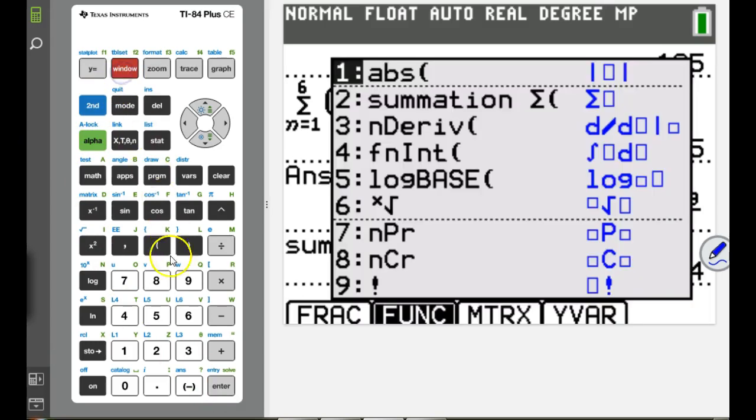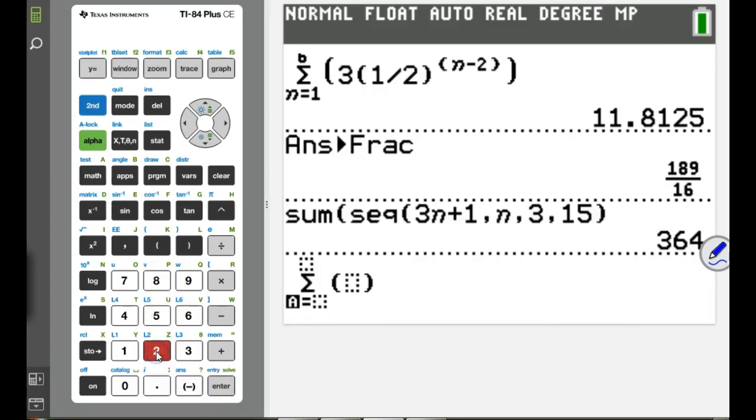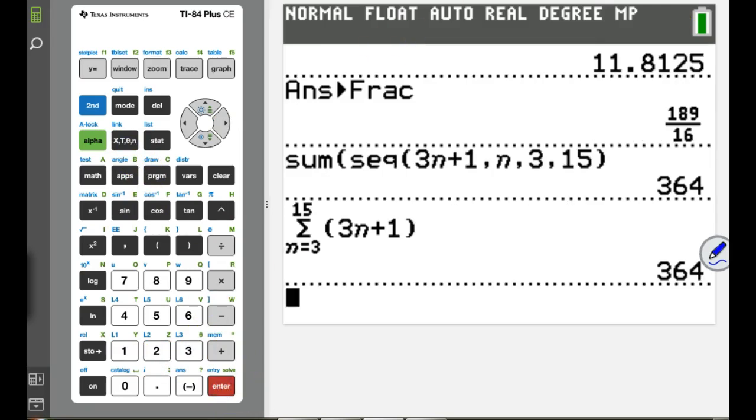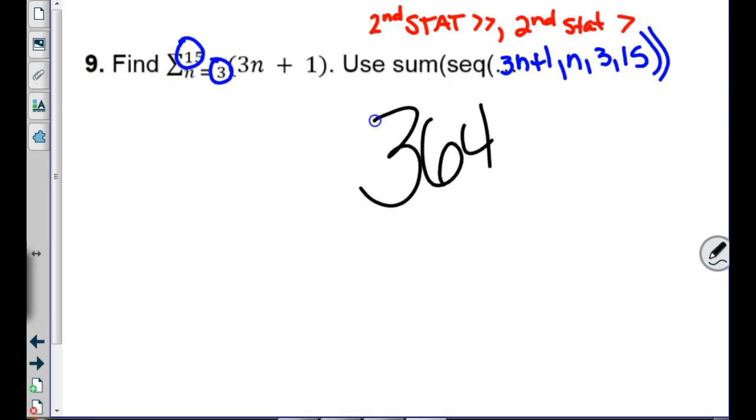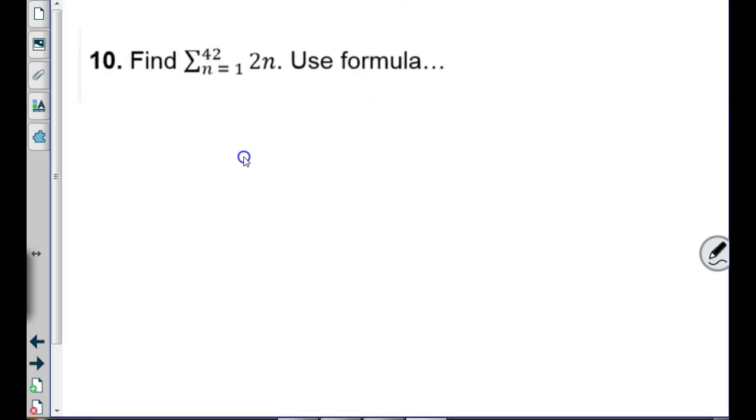Or the summation symbol, it was term 3 through 15 for the formula 3n plus 1. Same answer. We good? What was the answer again? 364? Yes.